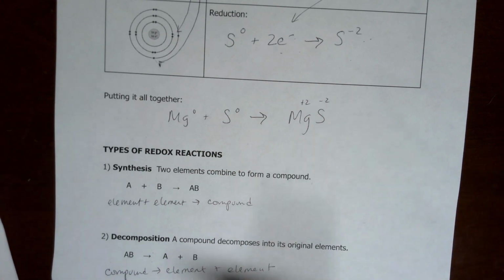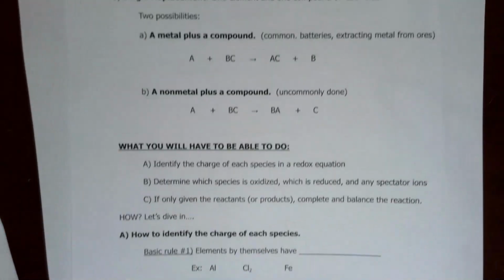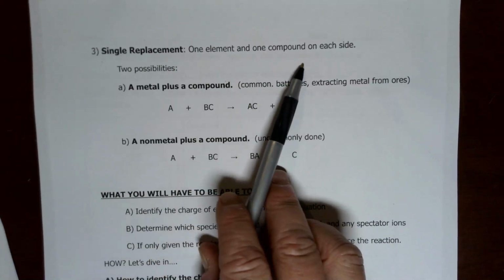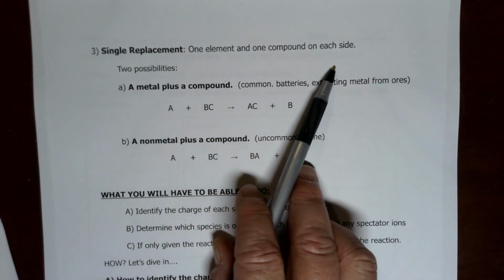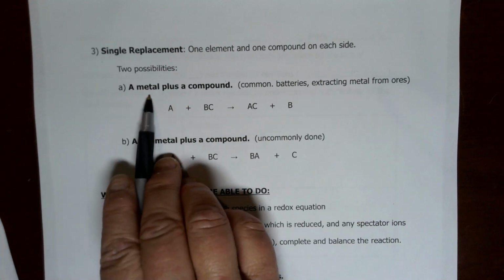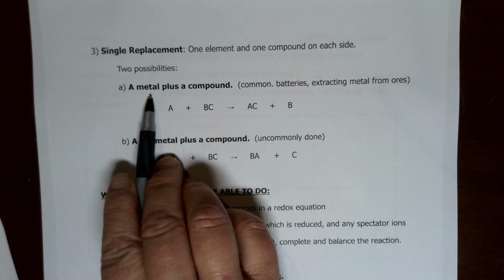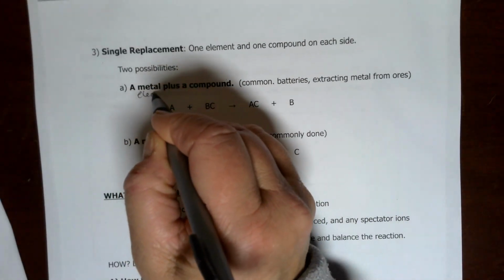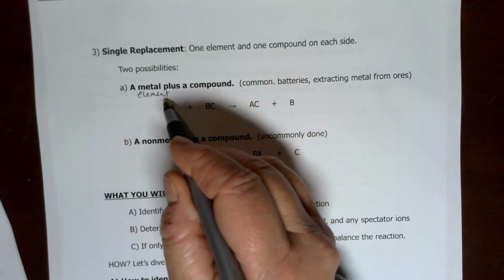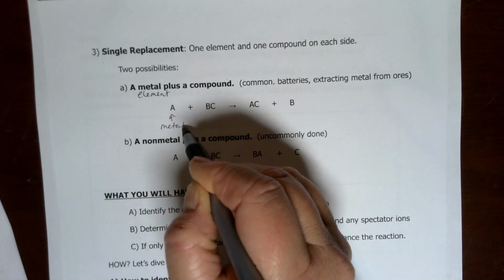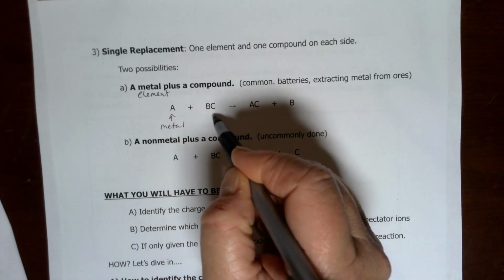The third type is what we call single replacement, where we have one element and one compound on each side, the reactant side and the product side. But there's 2 possibilities here. If you have a metal plus a compound, so this metal is an element, but it's a metallic element. So let's say that's what A is, right? Here's your metal. Here's your compound.